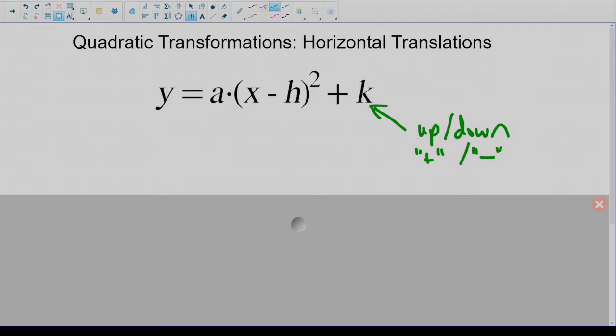We've also seen this a value here now. And this a value will control multiple things. It'll control whether the parabola has been stretched. Now these are vertical stretches, okay, so stretching this way. Or compressed.